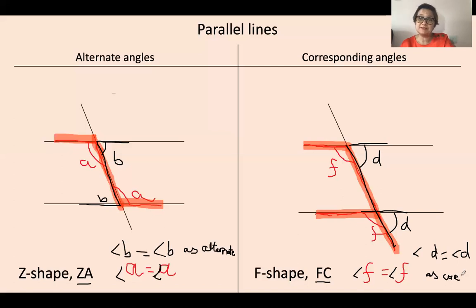If you don't have space, for example, just write "correspond" with a little dot, and the teacher or the examiners are going to understand. Right, so remember, F shape stands for the corresponding angles, football club or something else, make it up. Z, make up a word that will help you remember that alternate angles are within the Z shape.